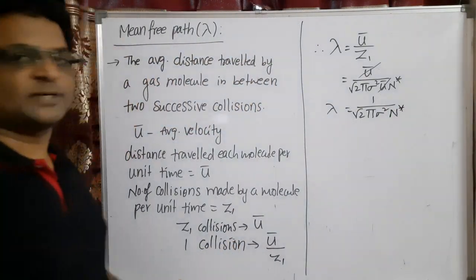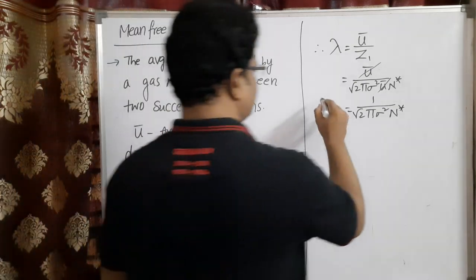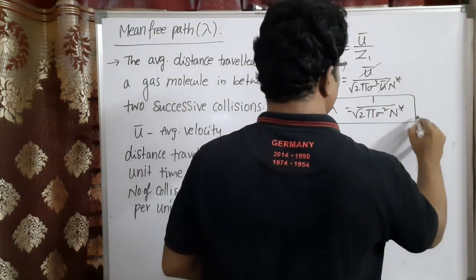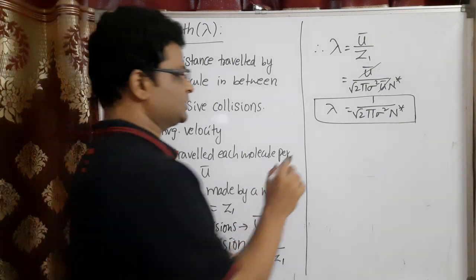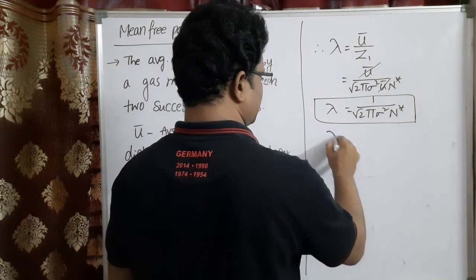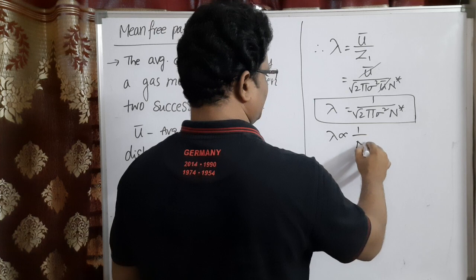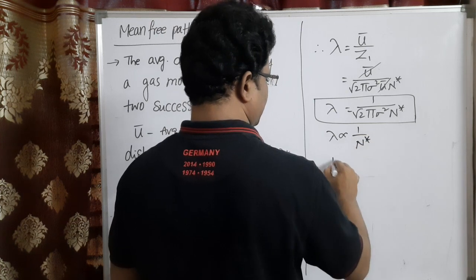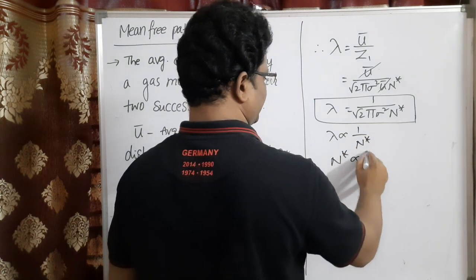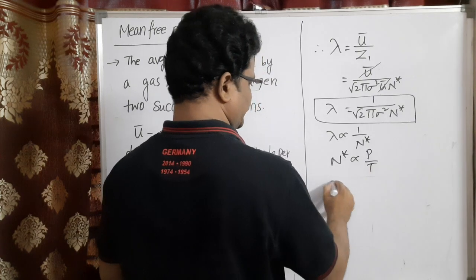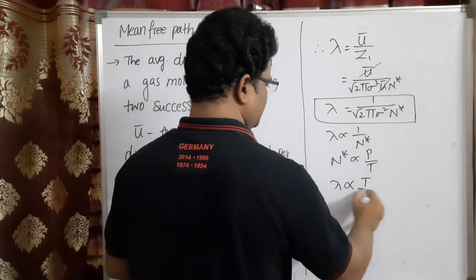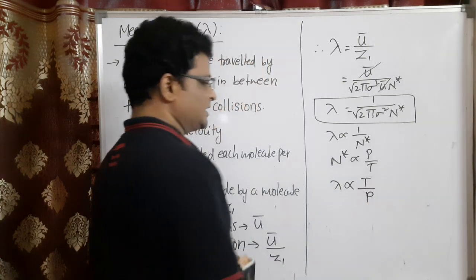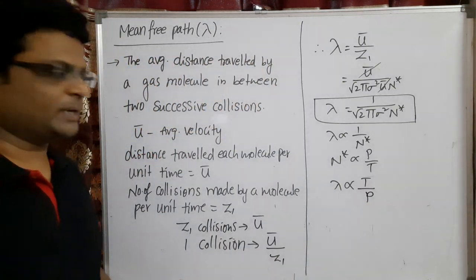So that is the expression for mean free path. Now once again we can discuss the effect of pressure and temperature on it. Since lambda is proportional to 1 by n star and n star is proportional to p by T, we get lambda proportional to T by p.